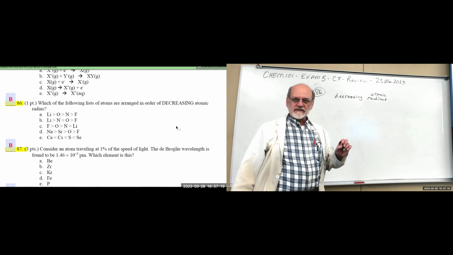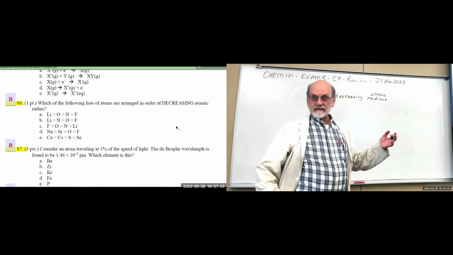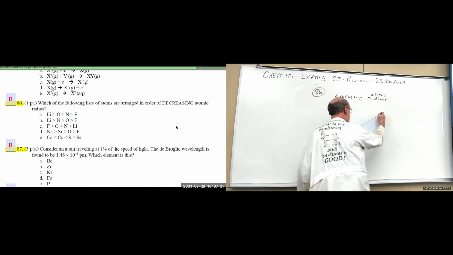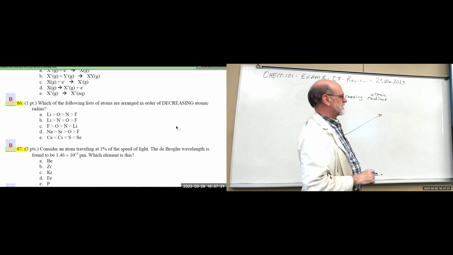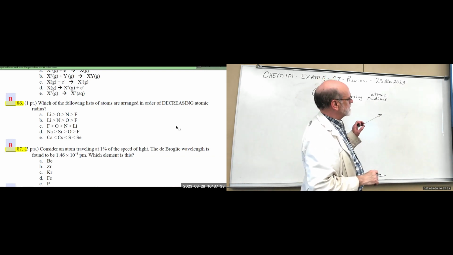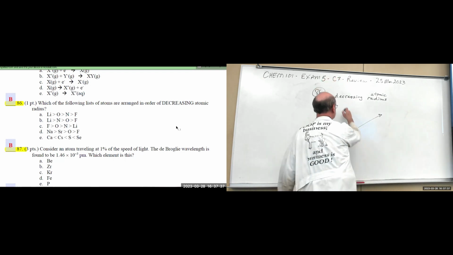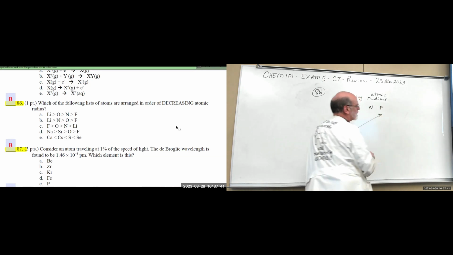Decreasing atomic radius. So the radius decreases from lower left to upper right. Right? Decreases like that. So what we need is, let's see how many of these are similar. Lithium, oxygen, nitrogen, fluorine.